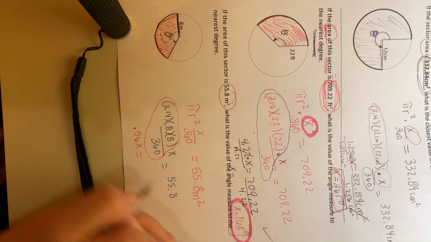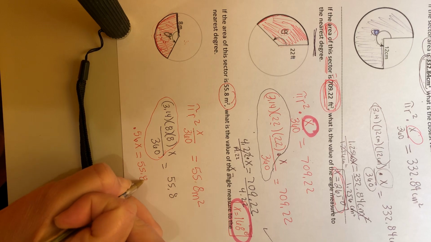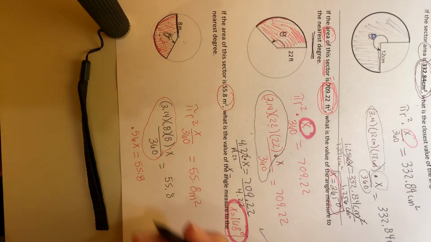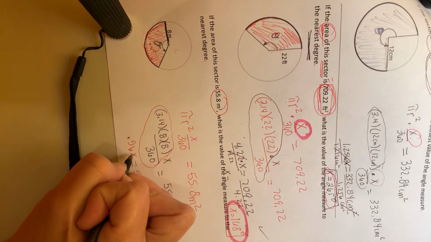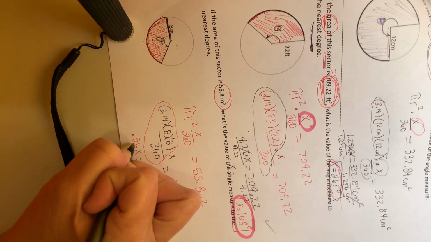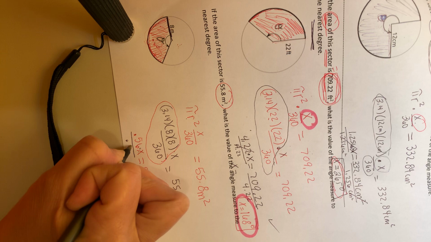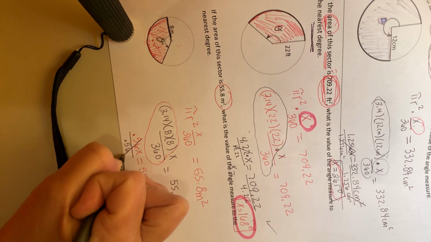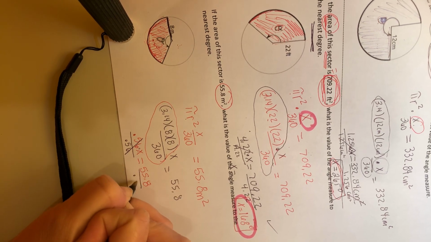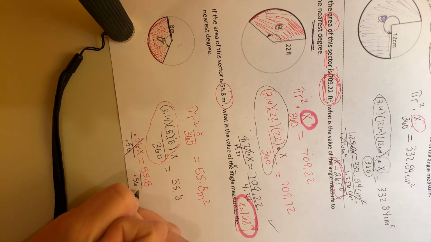All right, so then I'm going to do x equals, I'm going to finish 55.8. Then we keep going. What is the next step? How do I get x by itself? I'm multiplying by 0.56, so I'm going to do the inverse operation, which is division. The inverse of multiplication is division. What you do on one side, you have to do on the other side.